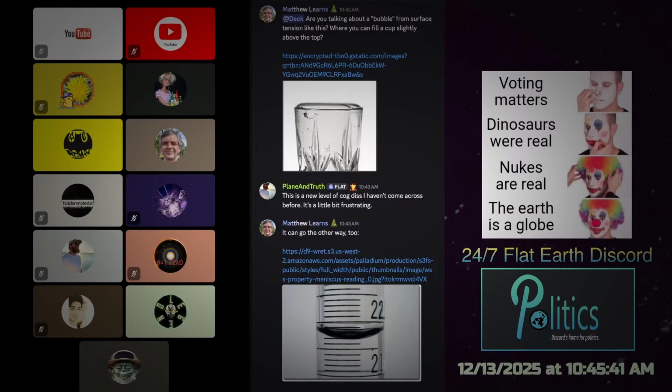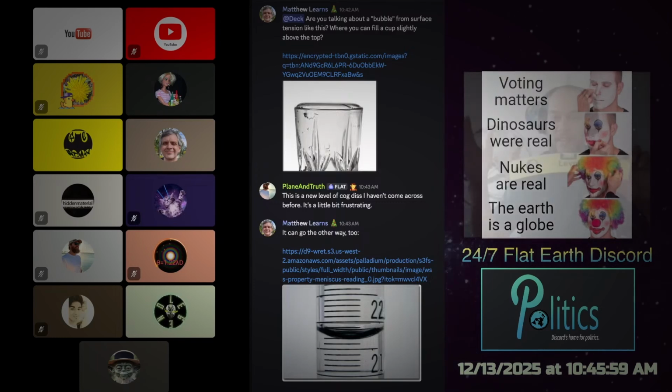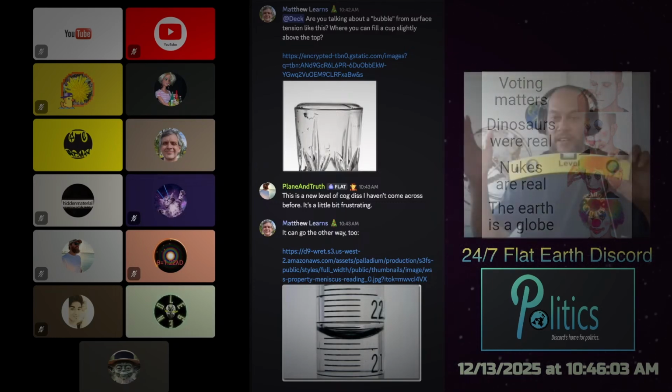It'll create a bubble. It'll just push outward more. No, water will seek the lowest part and then it'll spread out within its container. Right, I understand that, but you will still create a larger surface tension bubble than what's in a cup. No, it'll just continue to get higher and spread out.